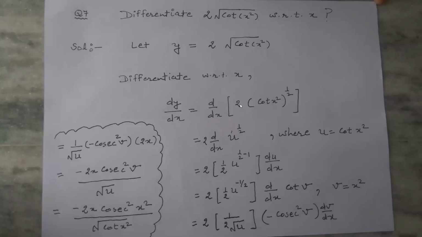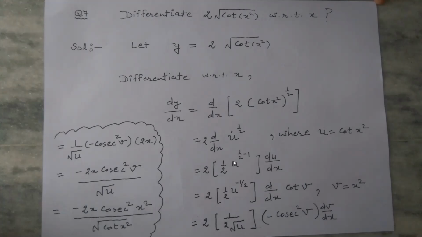So again we write the derivative of the given function with respect to x, dy by dx is equal to 2 is constant, so x raised to power n, according to that, n into x raised to power n minus 1.